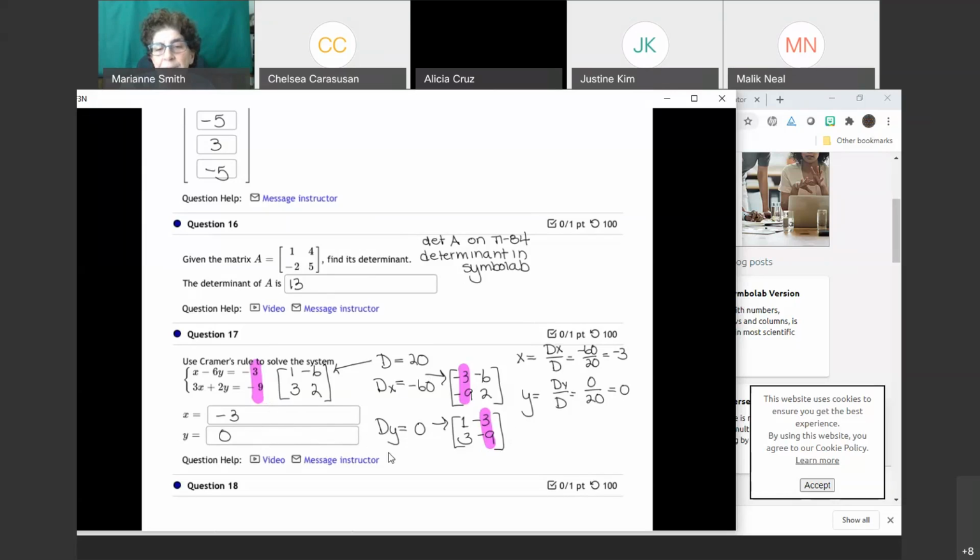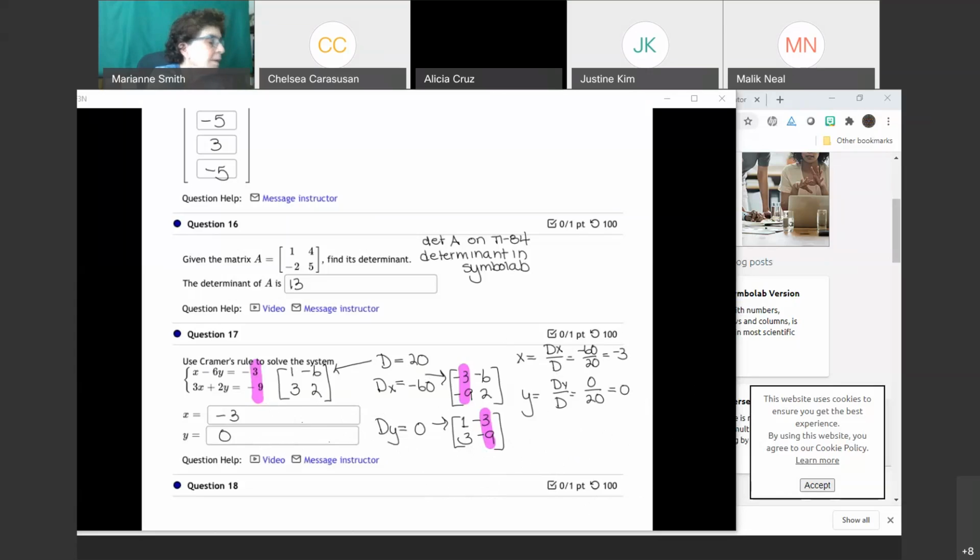However, if you get it wrong and you show me work that doesn't involve Cramer's rule, I'm not going to give you partial credit because the directions say use Cramer's rule. So hopefully, if you're showing me work here, you're going to use Cramer's rule to do it. Any questions on 17? You good with 17?